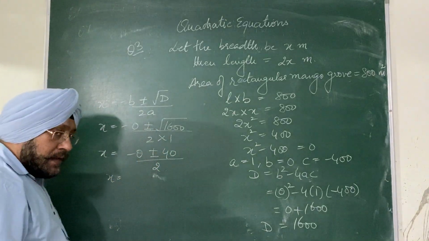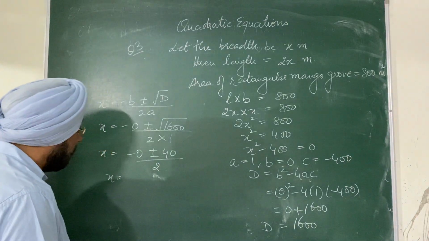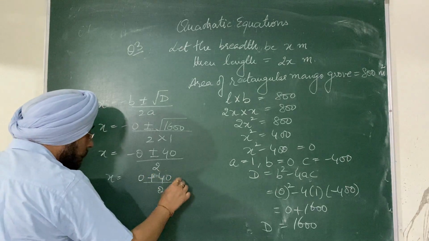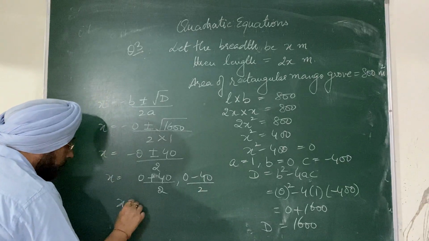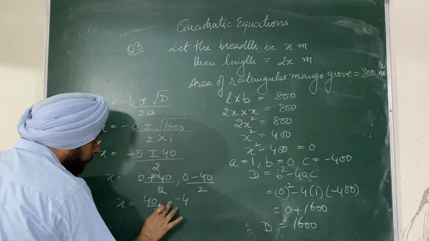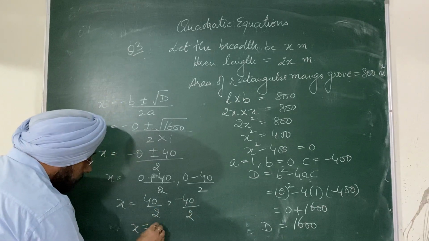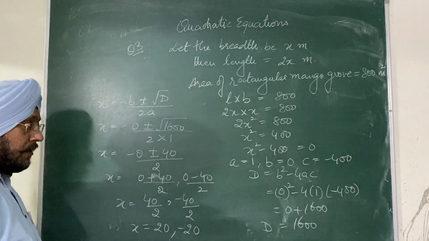So minus 0 means 0, because 0 has no negative or positive sign. So we have 0 plus 40 by 2, 0 minus 40 by 2, or this is 40 by 2, minus 40 by 2, we get x equals 20 and minus 20.